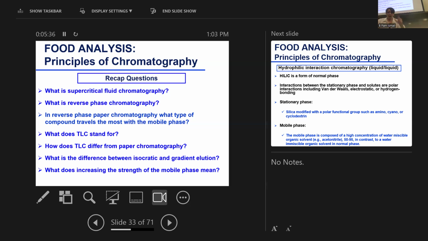So changing your mobile phase over time is increasing the strength. It's not always increasing polarity or decreasing polarity. Sometimes you're increasing salts, sometimes you are changing the composition, adding a ligand to your mobile phase. So changing the mobile phase, meaning increasing its strength over time, lets you get your solutes or components to move faster and shorten your analytical time.